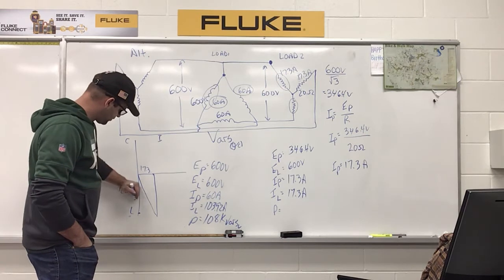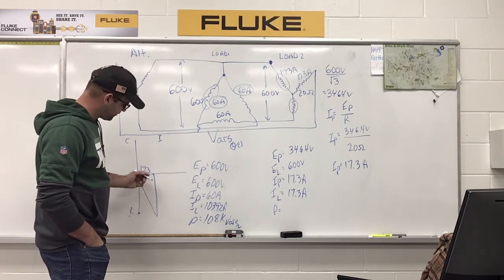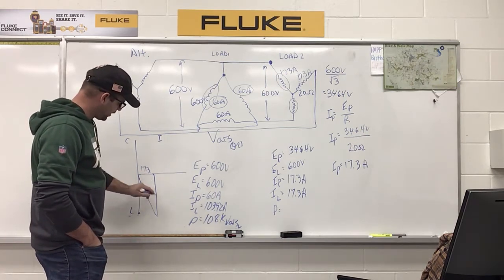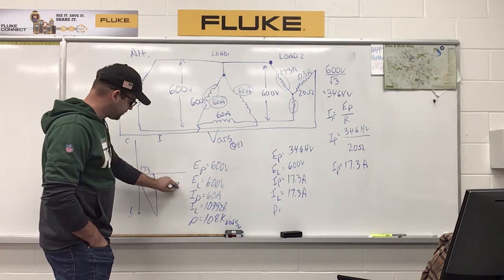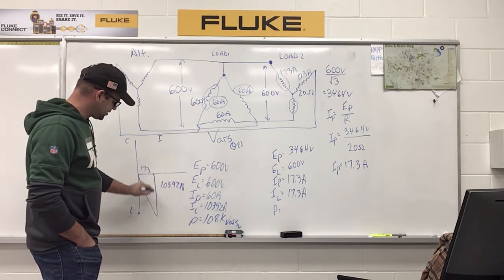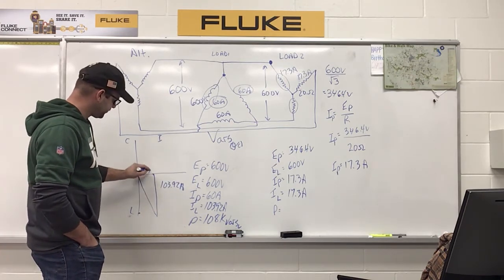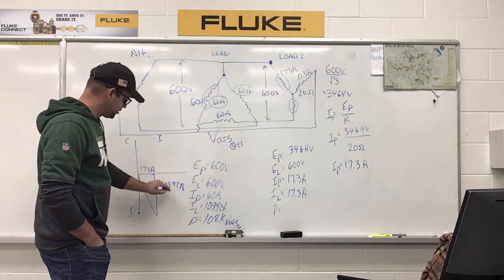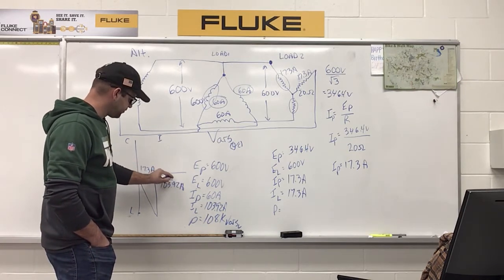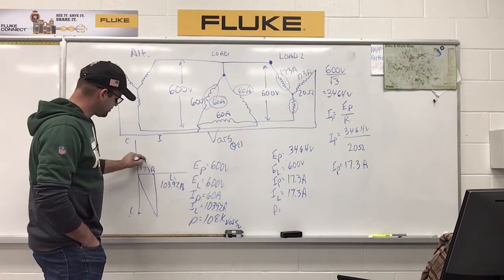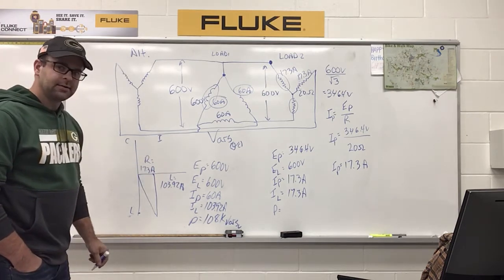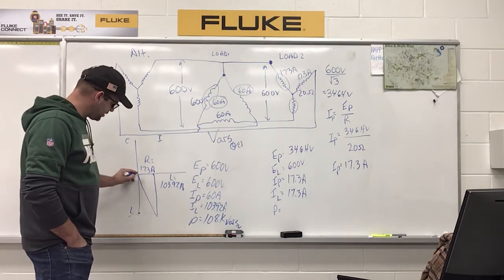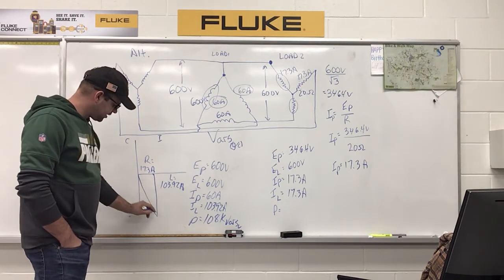So this guy here, I'll put over here, and we've got 103.92 amps. That is our inductive current. Our resistive current is 17.3 amps. And now, with this, we can look at the hypotenuse from one side to the other.